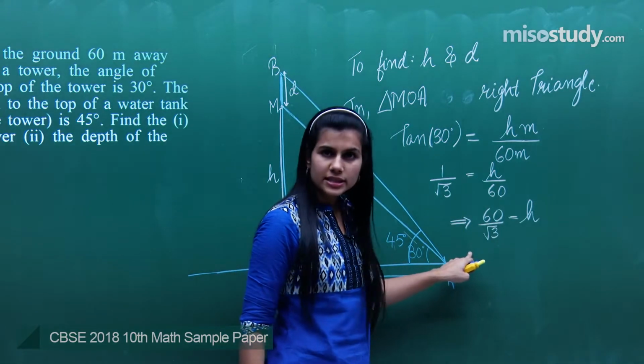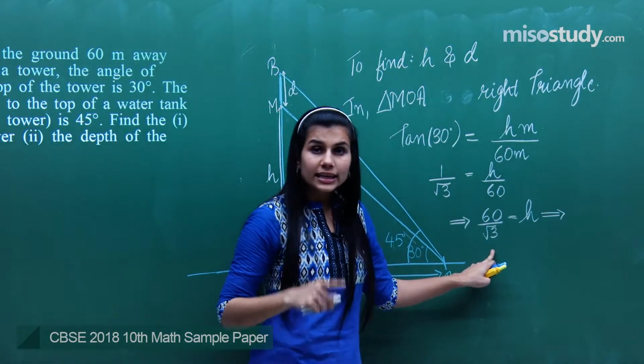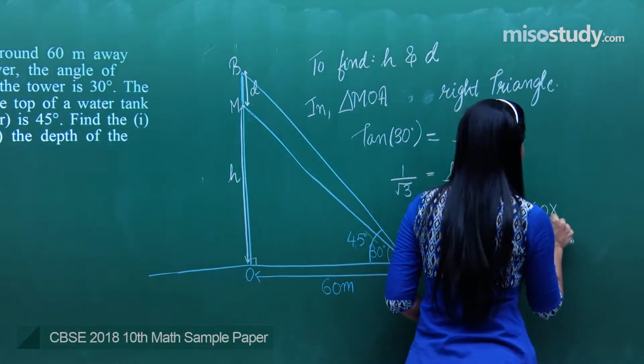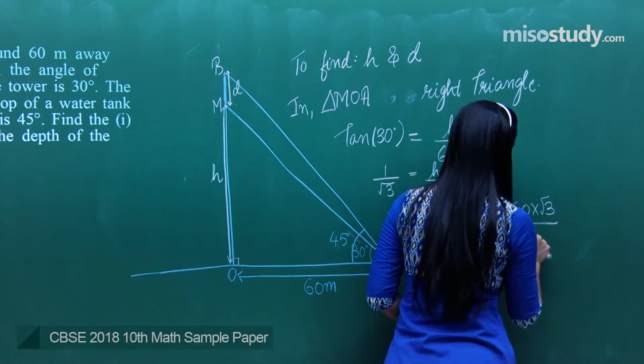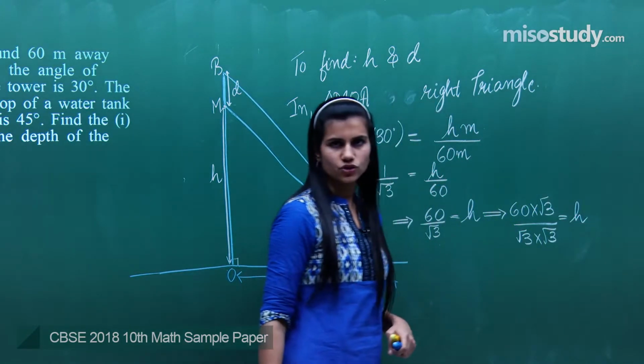The moment you have 60 upon root 3 is h, as I told you, you do not leave root expressions in the denominator. So what I'm going to do is 60 into root 3 upon root 3 into root 3 is your h.